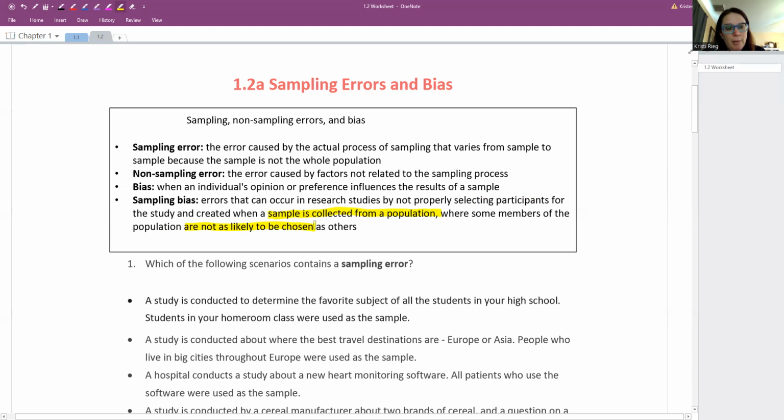That means your sampling method is wrong. For example, I talked about convenience sampling in the last video. That would lead to sampling bias because you're just standing outside of a grocery store interviewing those people that come to you, or standing in the middle of the quad. So that would be sampling bias.